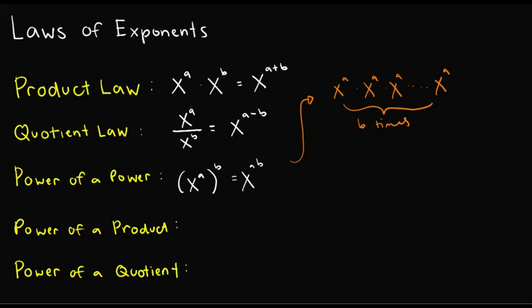So this one will become x raised to a plus a plus a plus a, and this one is b times. So it is simply x raised to ab, and this is true since multiplication is simply repeated addition. So it's just the definition of multiplication.